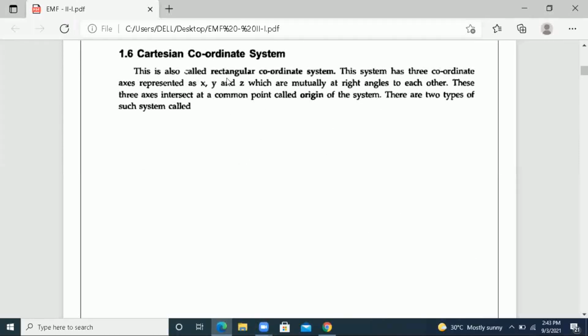So this is also called the rectangular coordinate system. So this system has three coordinates: X, Y, and Z. And they are at right angles to each other.